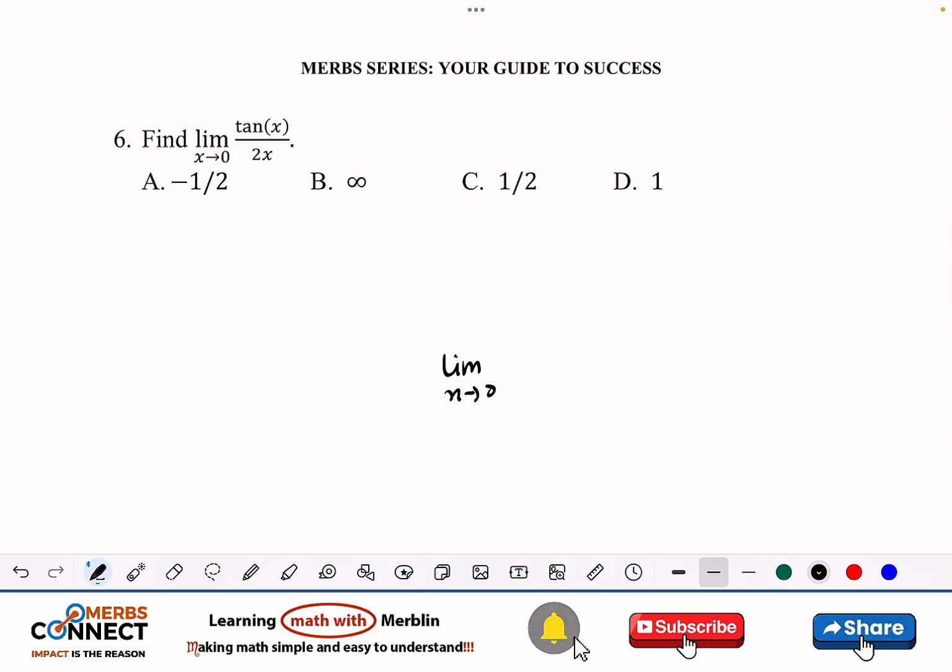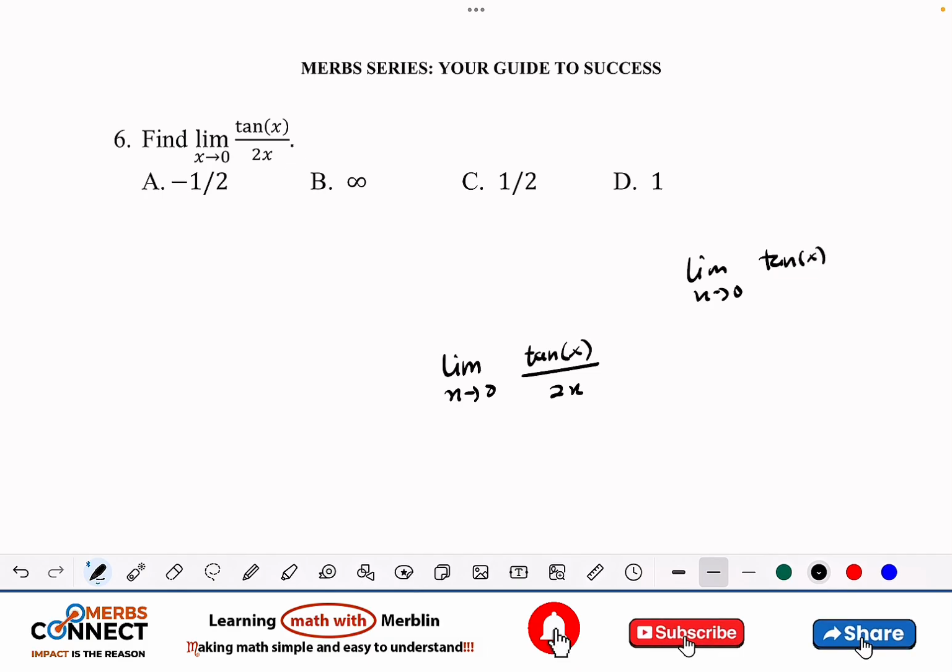Limit as x approaching 0 of tan of x divided by 2x. So we know that we have a property that says that the limit as x is approaching 0 of tan x divided by x is equal to 1. Now remember, always the angle here should be the same as what is here. So here is x, here is x. So since this one is x, we just need x here, so we can factor this one out.